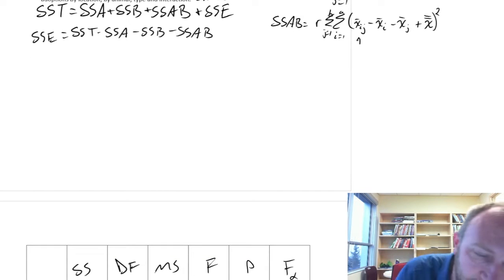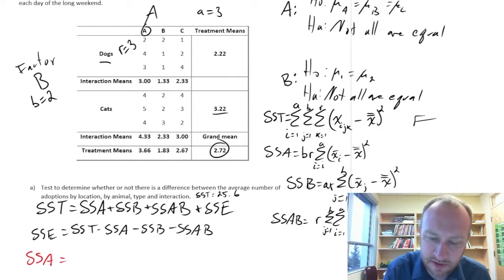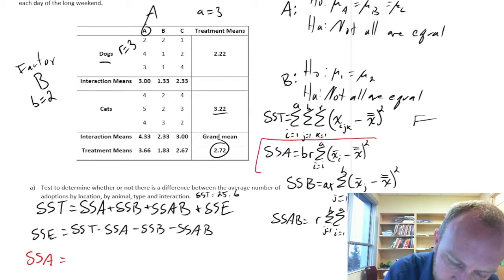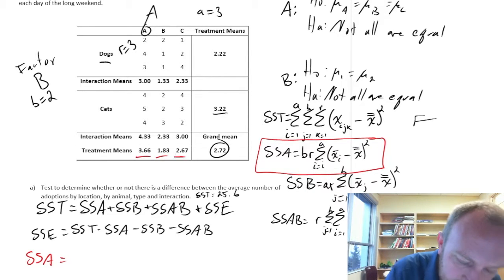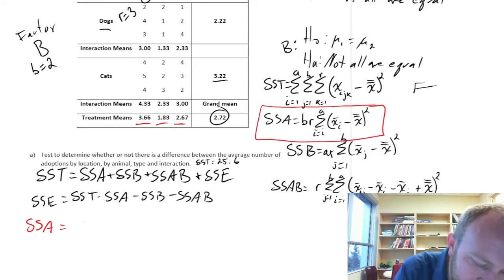So let's start with SSA. Here I'm going to be using this formula, and we're going to be using these three treatments here. So SSA is going to be B times R, so that's 2 times 3.